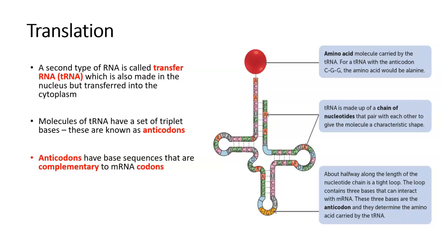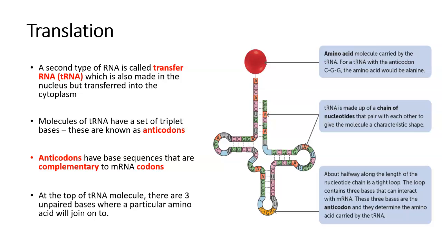The anticodons are complementary to the mRNA codons, and remember, it's always a group of 3 bases. So at the top of the molecule, as we said, there is an area of 3 unpaired bases where the amino acid will join. Now, the amino acid at the top corresponds to the anticodon sequence at the bottom.